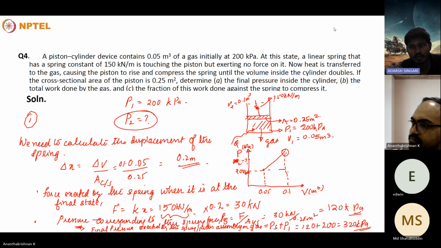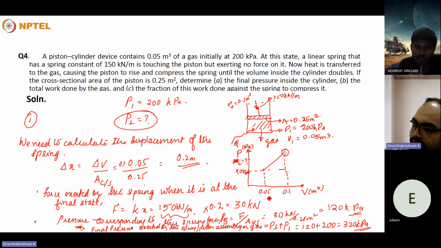Sir, we can find it from the area of the trapezium, half of the sum of parallel sides into the distance between them. Yeah, you can. From this trapezoid, the area present under the line when it is projected onto the x-axis will give you the total work done. But that's the second part of the problem.